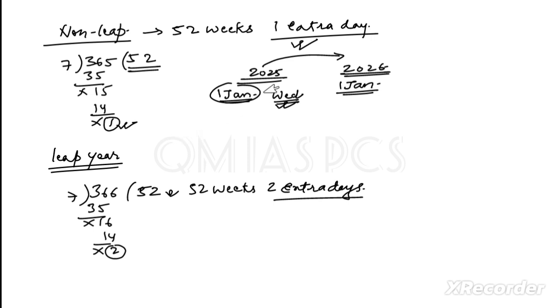Like if you are considering the day Wednesday, you will get the same day, Wednesday, but here one day is extra. That means January 1st will be Thursday. You can say 1st January is Wednesday, that means this year 2025, 31st December will be Wednesday, and 1st January of 2026 will be Thursday.